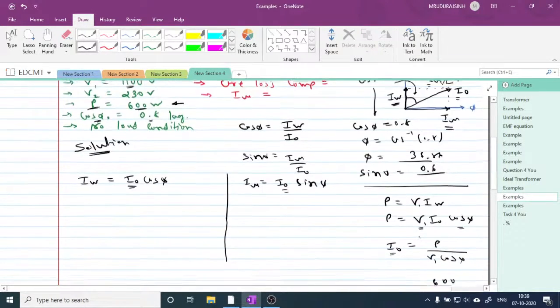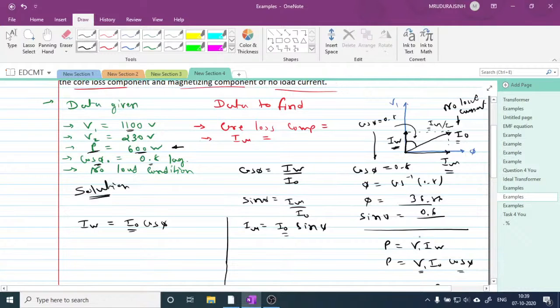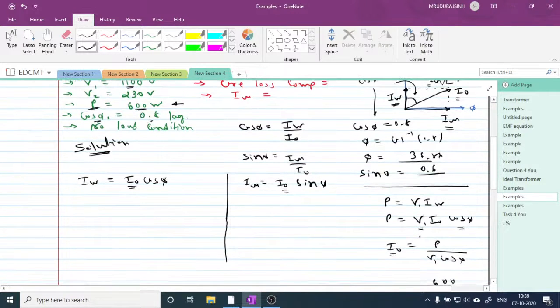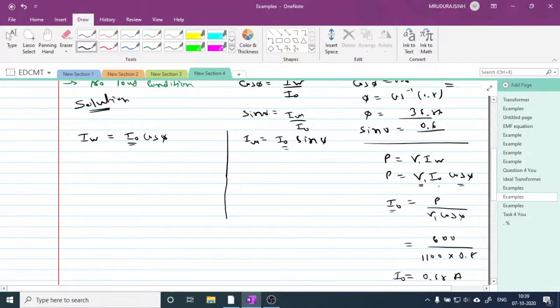See, what we are going to calculate is I0. And what is I0? I0 is equal to P divided by V1 divided by cos phi.